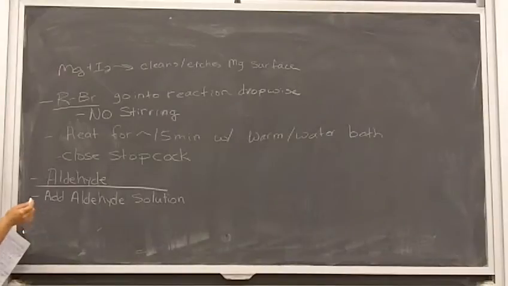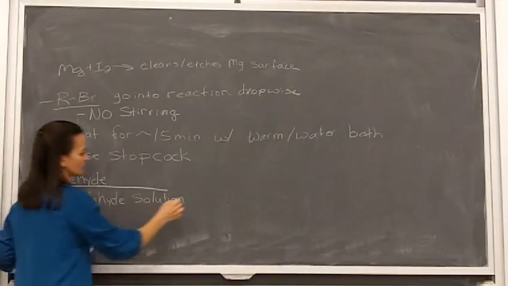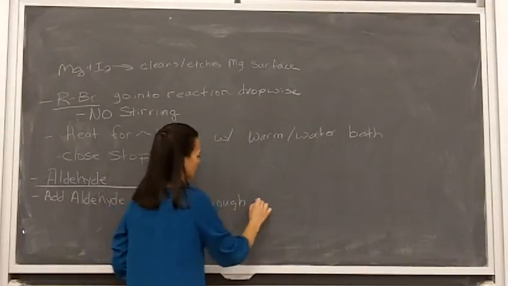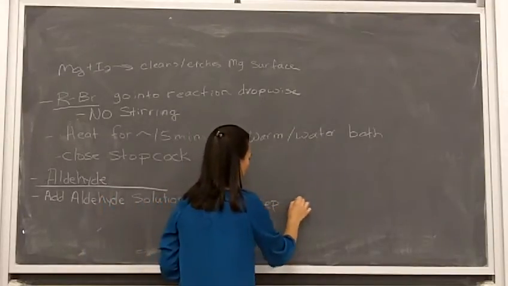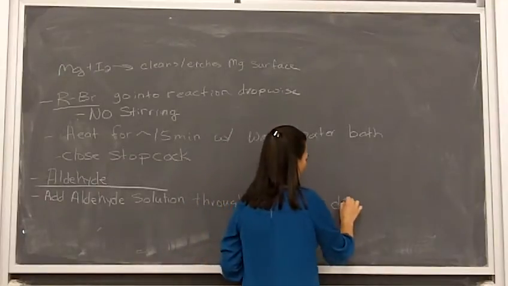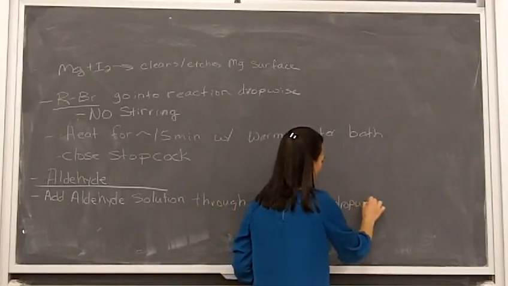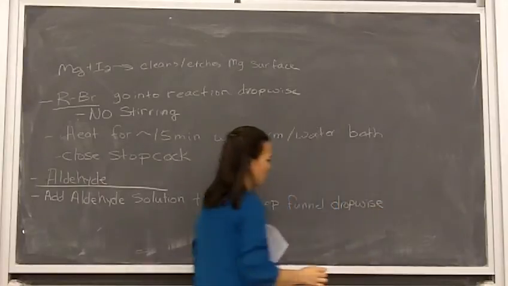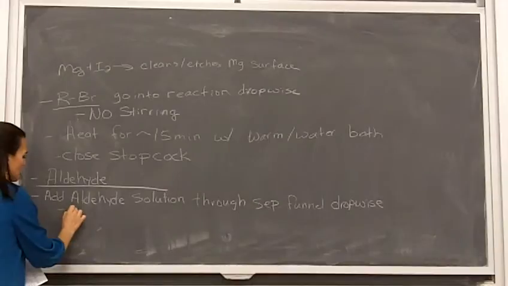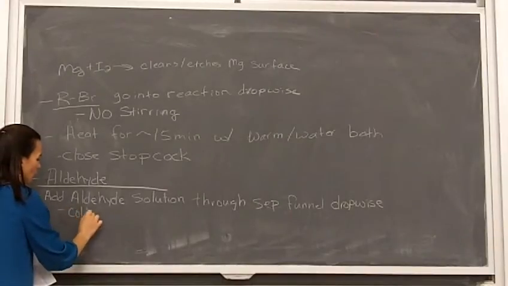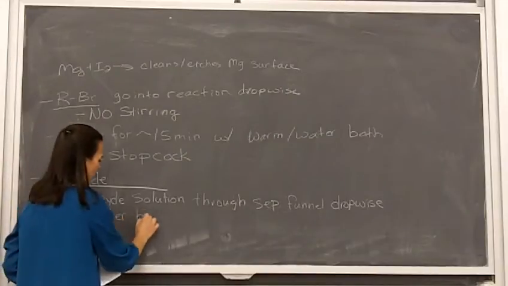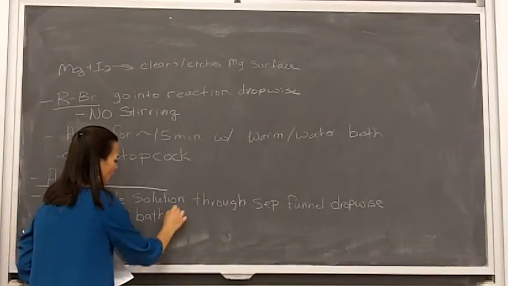You're going to add the aldehyde solution through your sub funnel dropwise. And this is a pretty exothermic reaction, okay? So before you start adding it, you're going to use a cold water bath around your round bottom flask, but you don't want an ice bath.